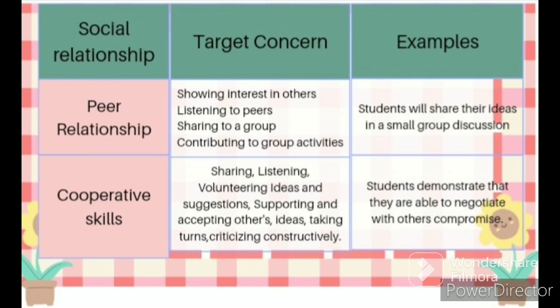So cooperative skills deal more with sharing, listening, and functioning in groups. A general target regarding improved social relationship or improved collaboration skills does not provide specifics to focus instruction and assessment.